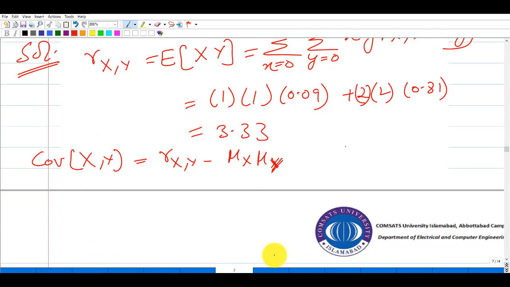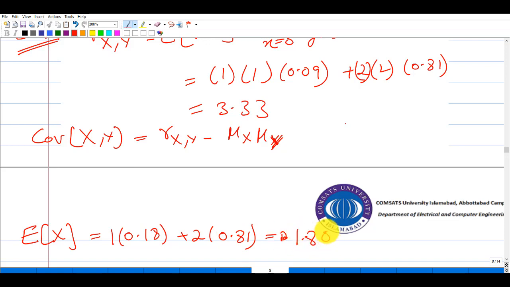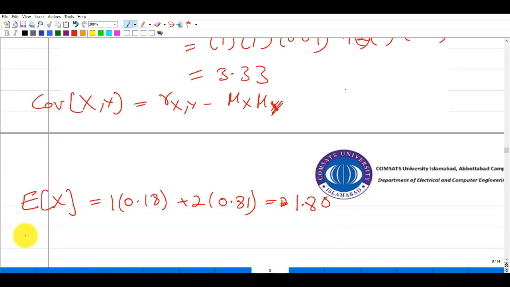So we can easily calculate the expected value of X, which is already clear from the table: it would be 1 into 0.18 plus 2 into 0.81, which is equal to 1.80. Similarly, we can calculate the expected value of Y, which is 1 into 0.09. I hope I don't have to do each and every step for these basic things.